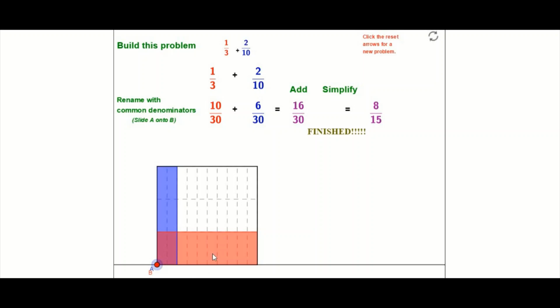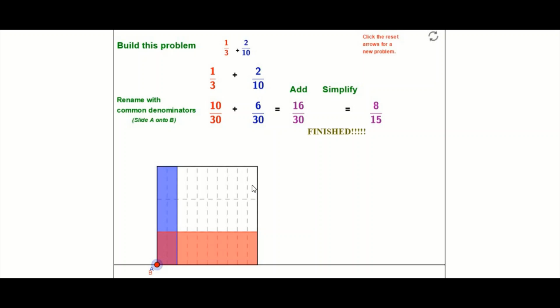Now after combining both fractions, what you realize is that the number of equal parts is going to change, right? So now I have a total of 30 equal parts, as you can see, because from here I have 1, 2, 3, 4, 5, 6, 7, 8, 9, 10.